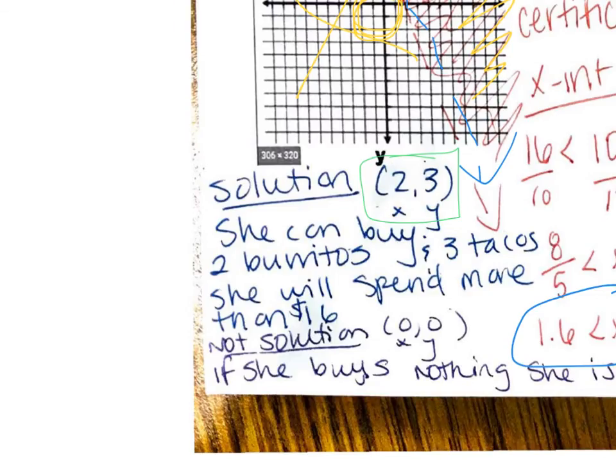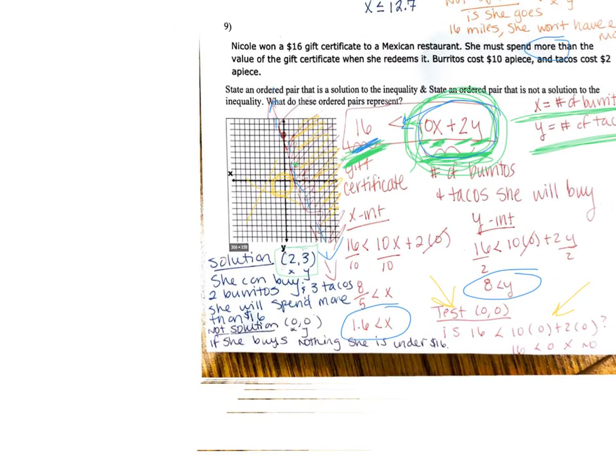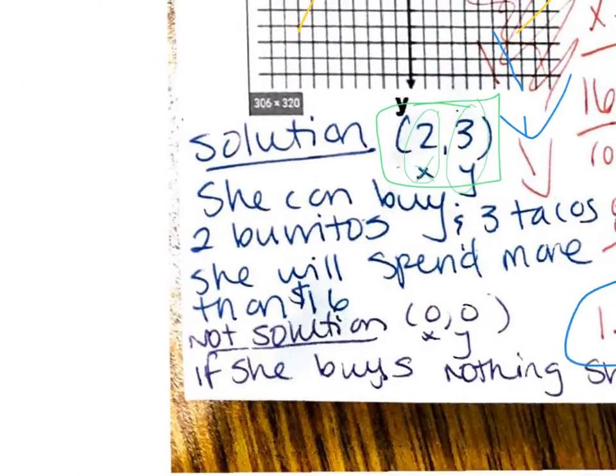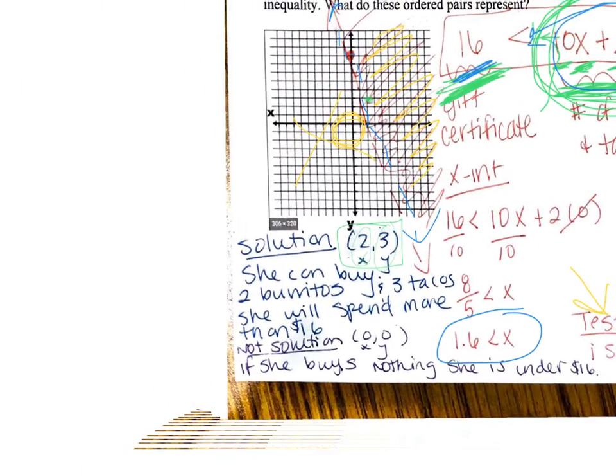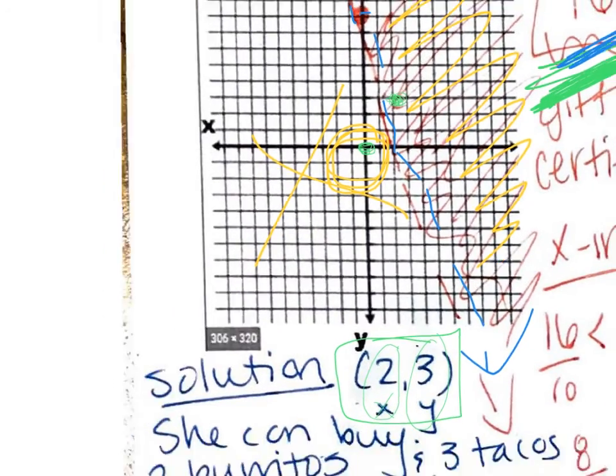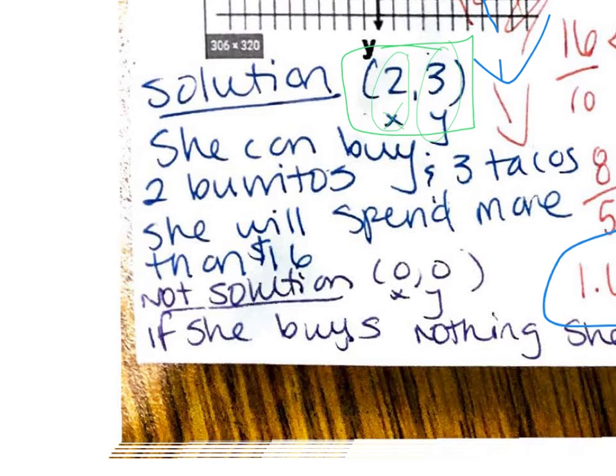If x represents burritos and y is tacos, this means I'm buying 2 burritos and 3 tacos. 0, 0 is right here. 0, 0 is not in the shaded region, so it's not a solution. And that would make sense because that would mean I'm buying 0 burritos and 0 tacos. So I'm spending no money, and they told us we have to spend more than $16. So that's how you do that one.